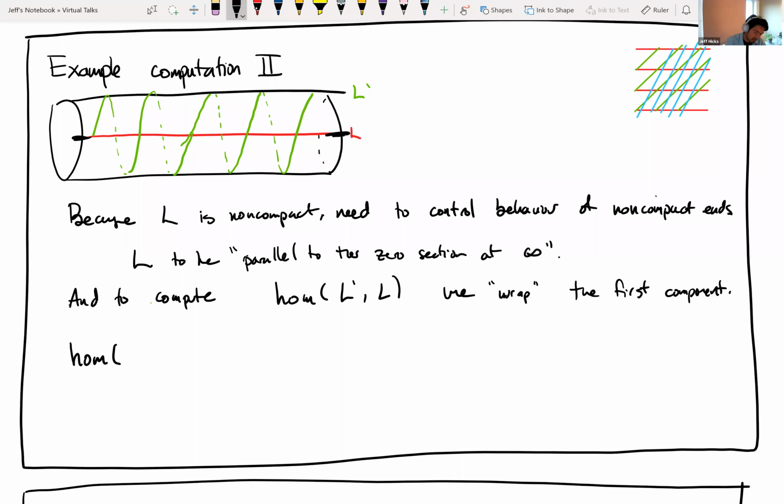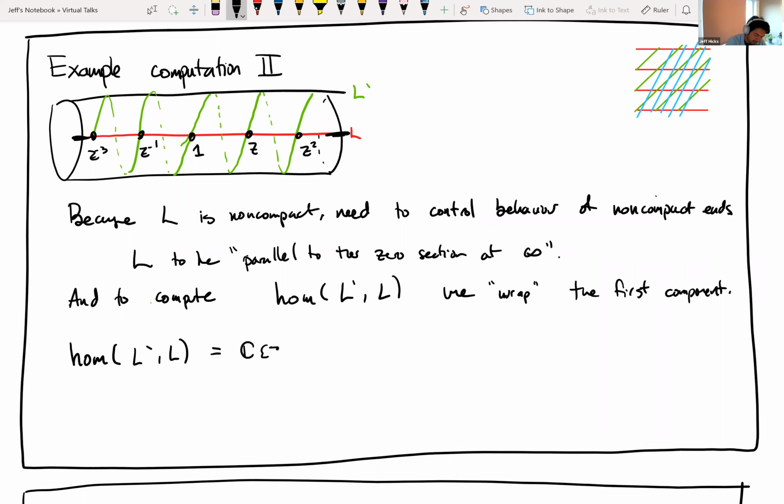So in this particular example, if I was to compute Hom of L prime and L, I would get a graded vector space with generators indexed by the natural numbers. Let's just arbitrarily decide to call one of these generators 0, and we'll call one of the generators 1. And we'll label the other generators with monomials.